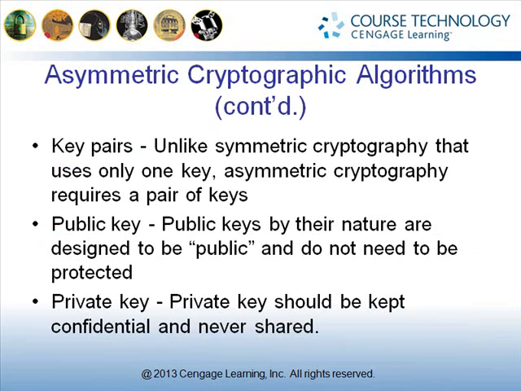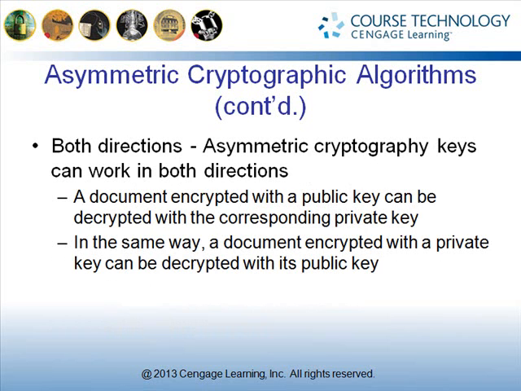Now, there are several important principles regarding asymmetric cryptography. First, key pairs. Unlike symmetric cryptography, where we have one key, with asymmetric we have a pair of keys, two keys. Public keys by their nature are public. They can be freely shared. It doesn't matter. However, a private key absolutely has to be kept confidential and never shared. And second, both directions.